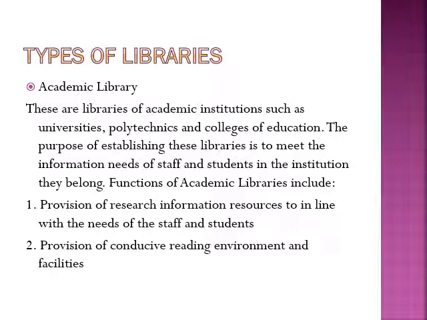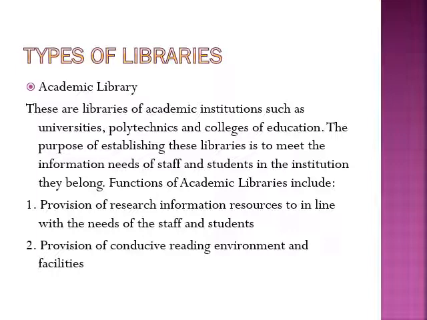The purpose of establishing these libraries is to meet the information needs of their community. The community in this case constitutes the staff and the students that are working or staying or living within the vicinity of the university. Now, what are the basic functions of academic libraries?